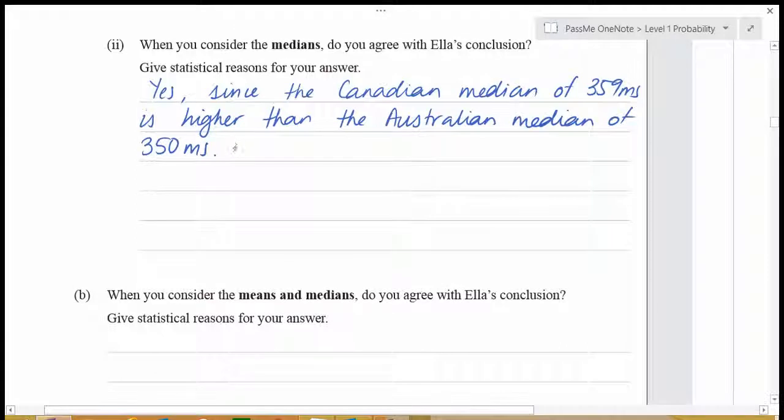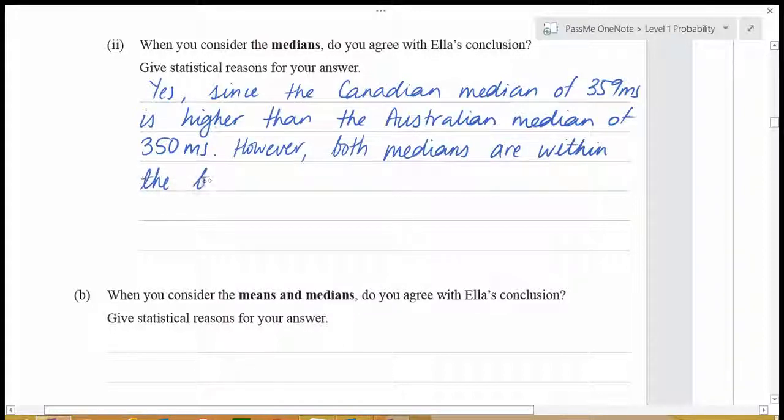So we'll say, however, both medians are within the box of the other sample's distribution.